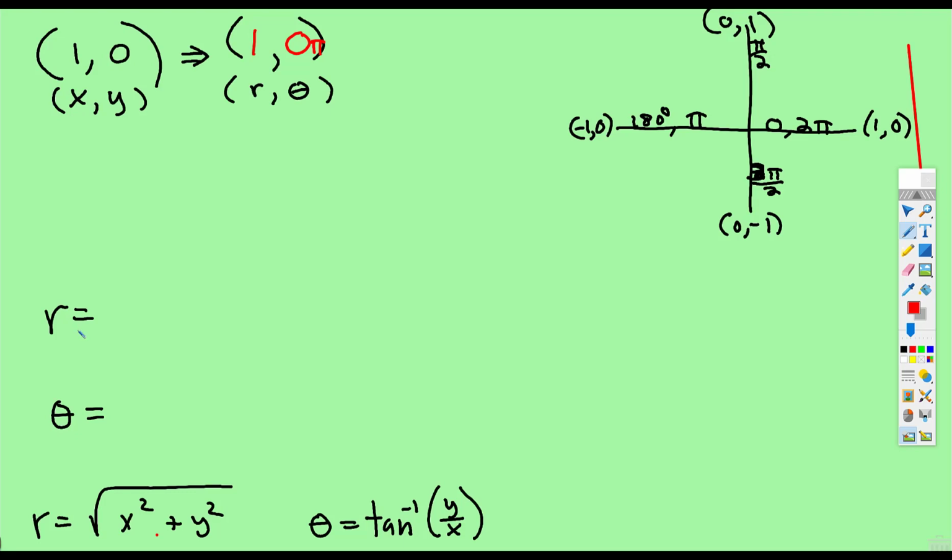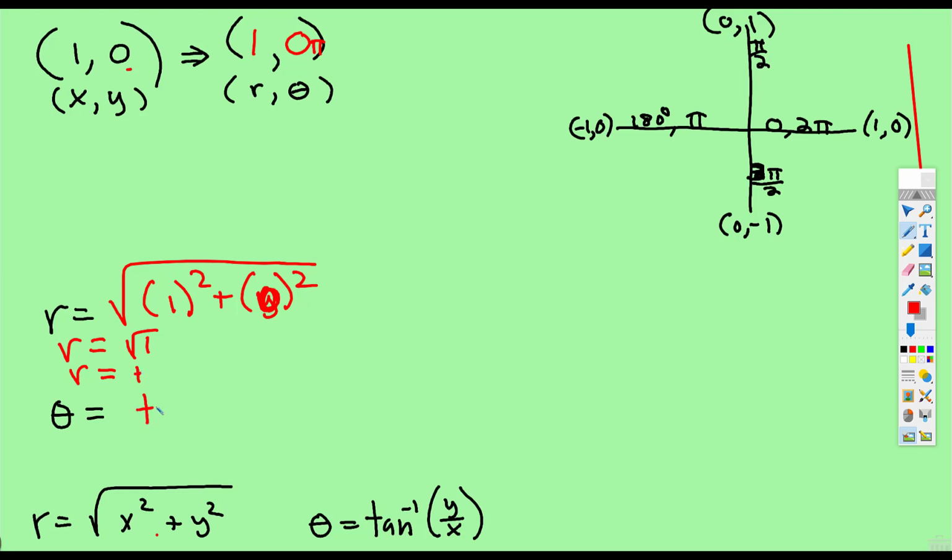So if we want to find the radius and we didn't think about looking just at the unit circle, here's our x, here's our y. So the square root of x squared plus y, which is 0, squared. Well, 1 plus 0 is 1. The square root of 1, in terms of the radius, we'll just take the positive value as 1.